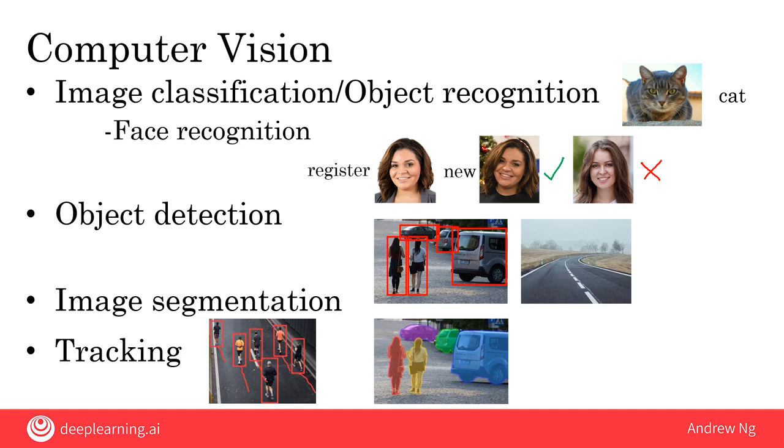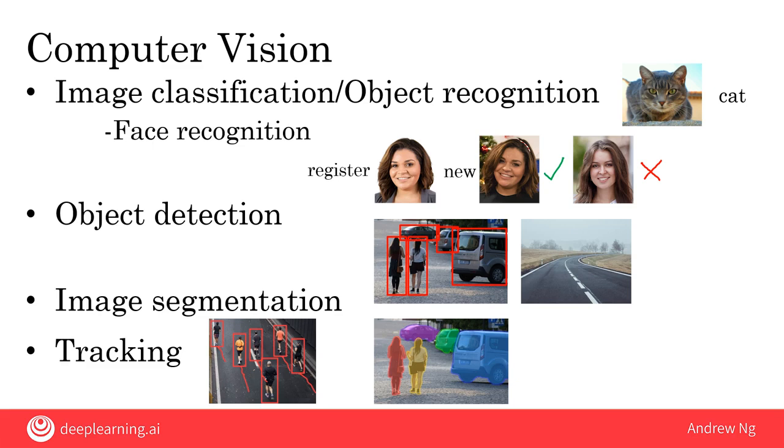So the ability to track people and cars and maybe other moving objects in a video helps a computer figure out where things are going. If you're using a video camera to track wildlife, for example, say birds flying around, a tracking algorithm would also be able to help track individual birds flying across the frames of your video. These are some of the major areas of computer vision, and perhaps some of them will be useful for your projects.